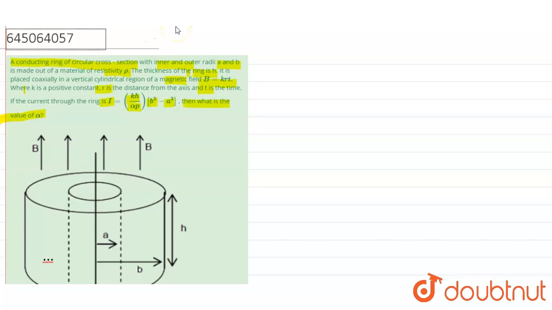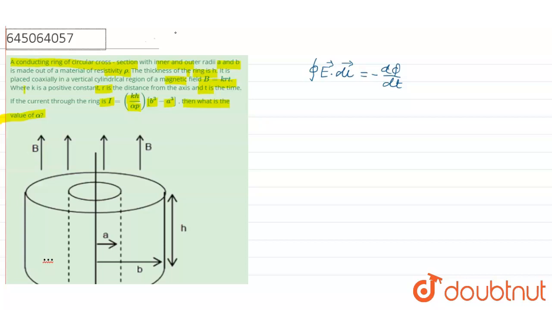This is a problem of variable magnetic field, and a variable magnetic field produces an induced electric field. So the formula we can write is the line integral of E dot dl over a closed loop is equal to minus dφ/dt.